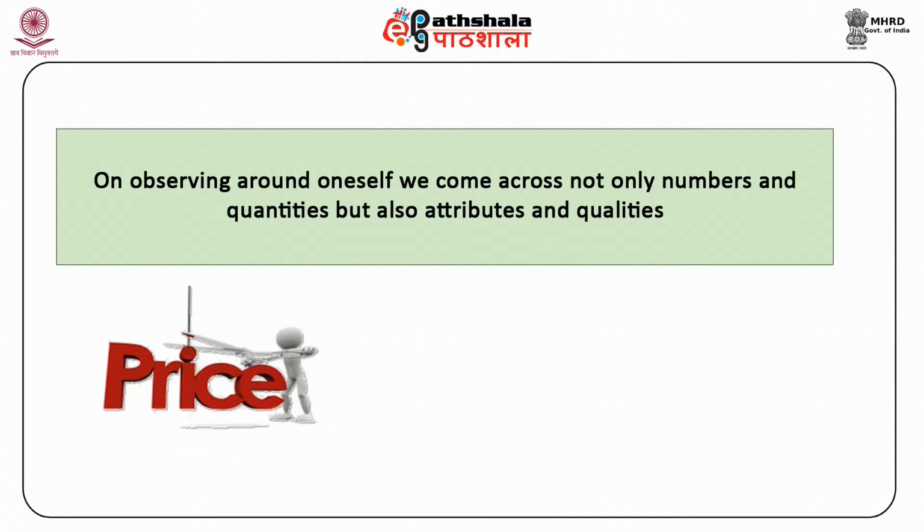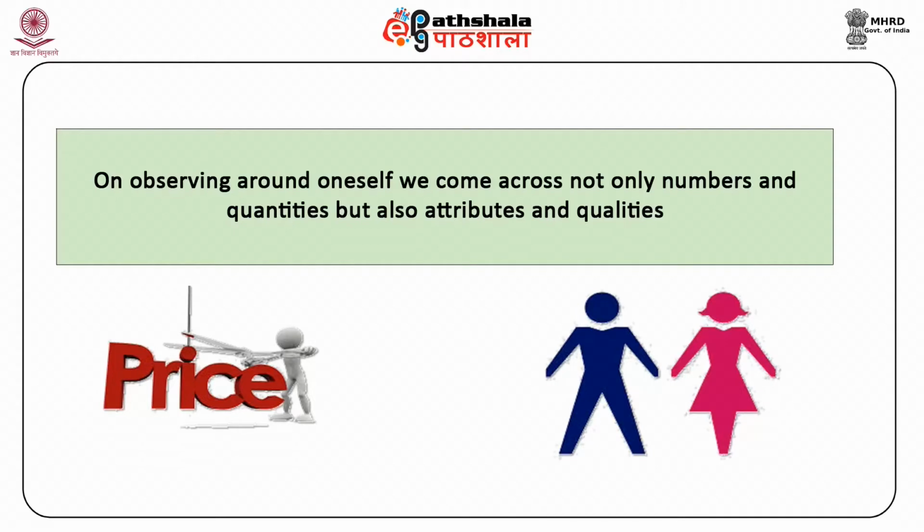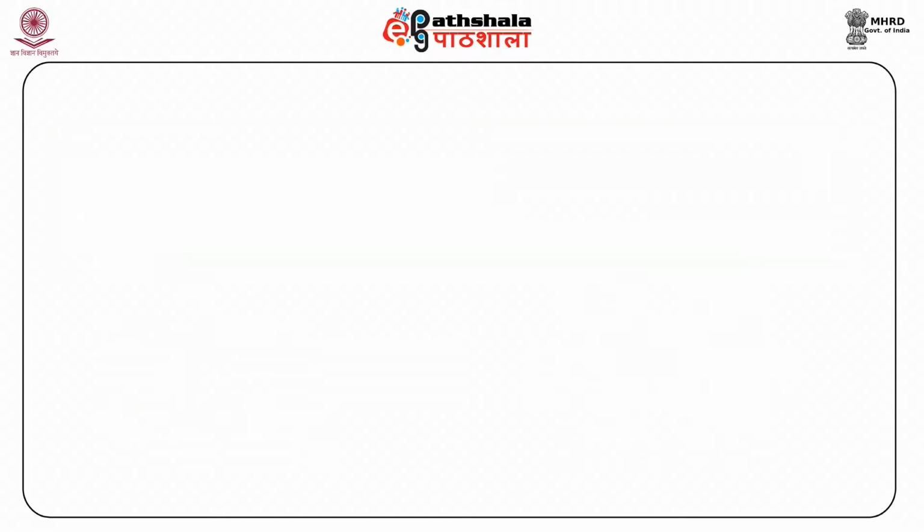Whereas on the other hand, there are management, honesty, beauty, and the list goes on. On one hand, we buy a pen of rupees 10. On the other, we admire the beauty of the Himalayas. Likewise, regression is no different.